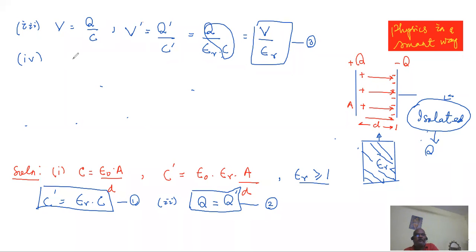So far as the stored energy in the capacitor is concerned, normally we refer to it by the capital letter U. It starts with the basic formula, half Q into V, the charge stored times the potential difference, or this can be extended to another formula, Q square by 2C, or half CV square. In many ways you can express the stored energy.